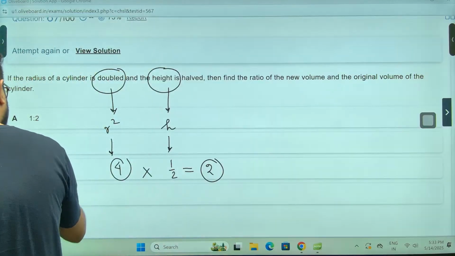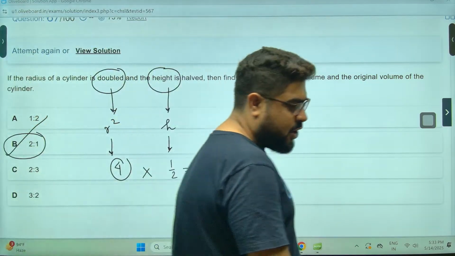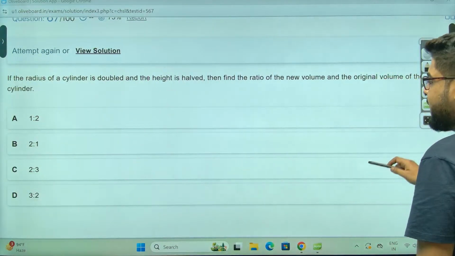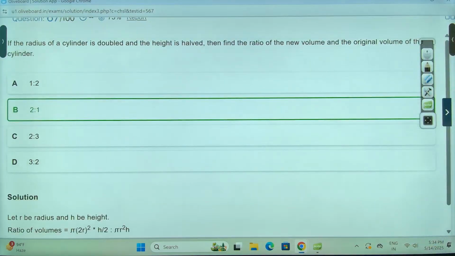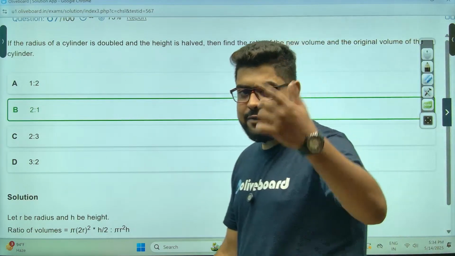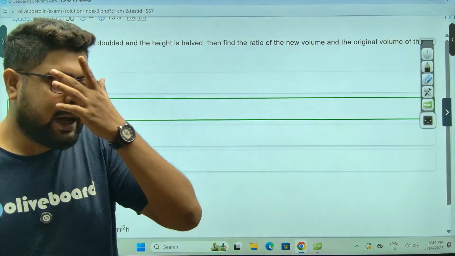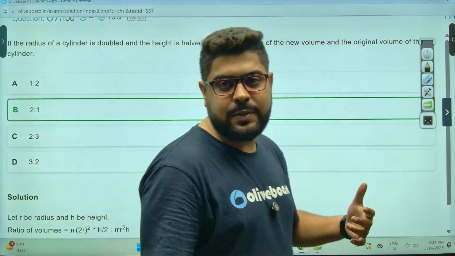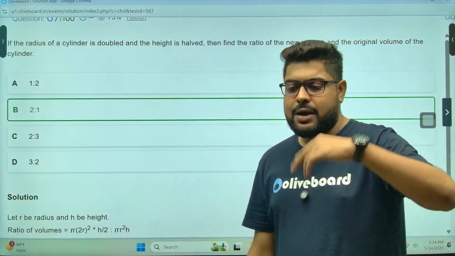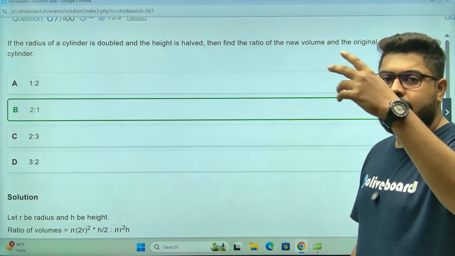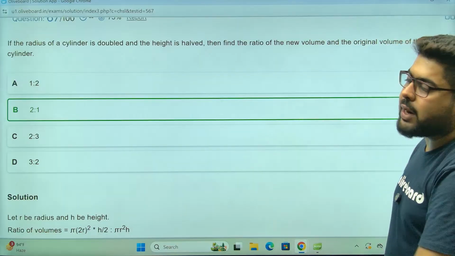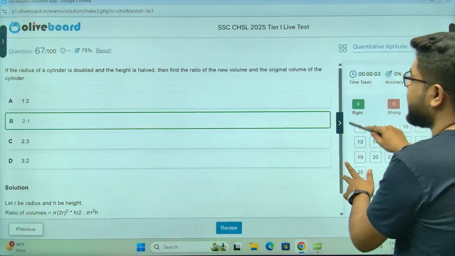You don't need to do anything else. This is the ratio approach: r square h is the formula, r square means r into r, so if it is doubled, double into double, and h is 1 time.